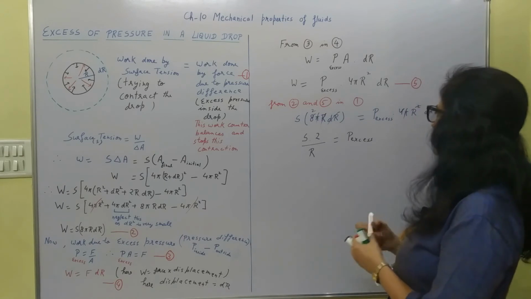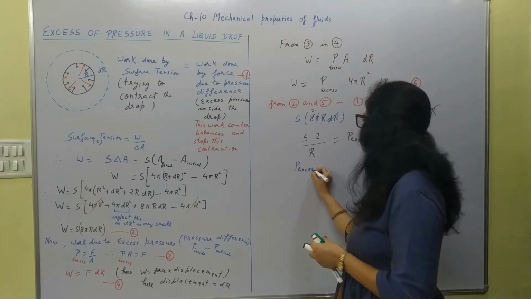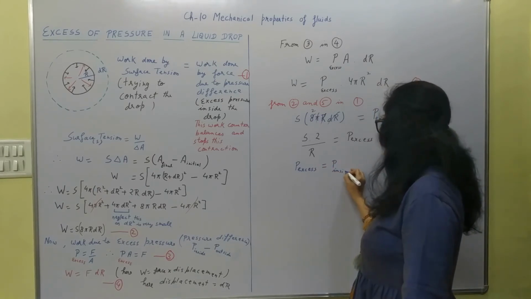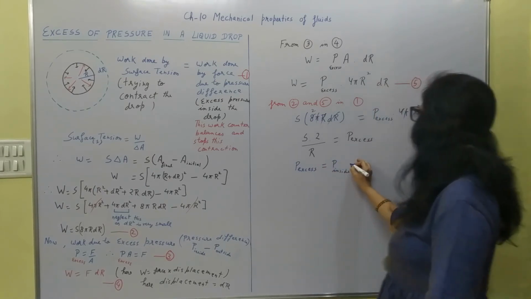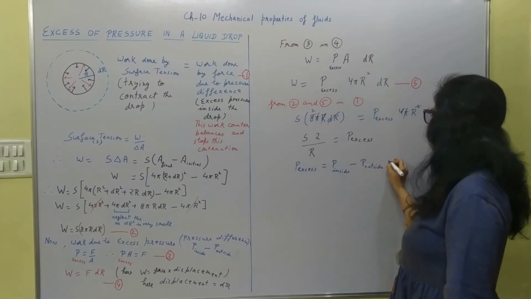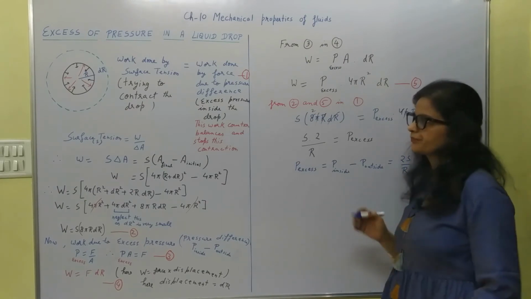Or P excess, which is P inside minus P outside, is equal to 2S upon R.